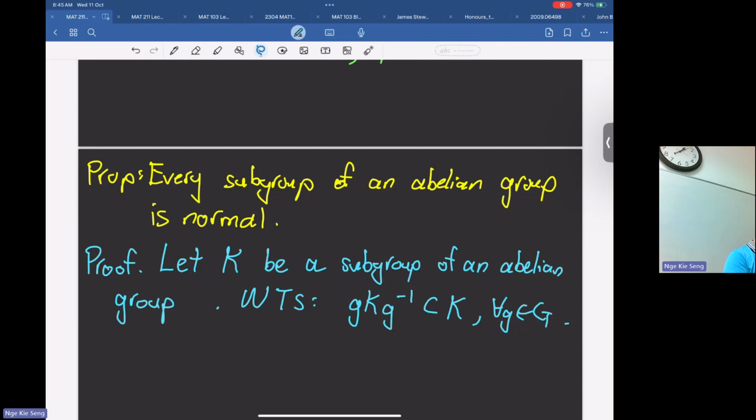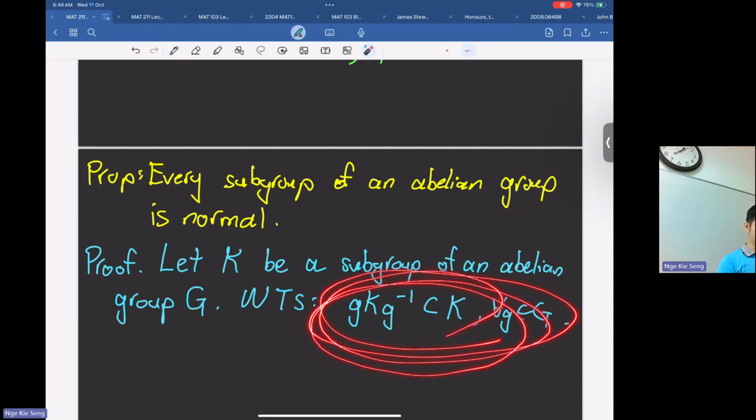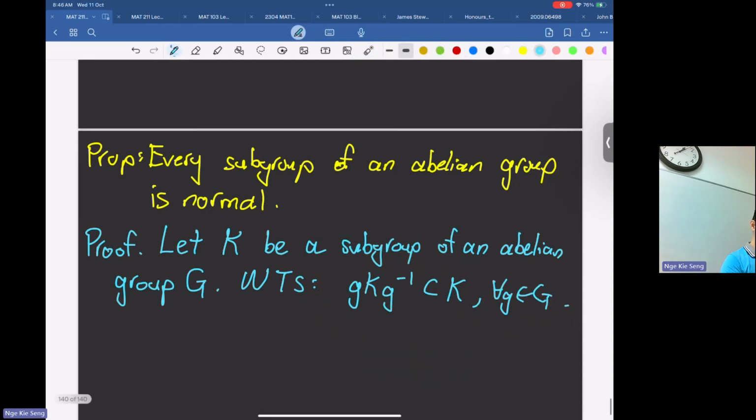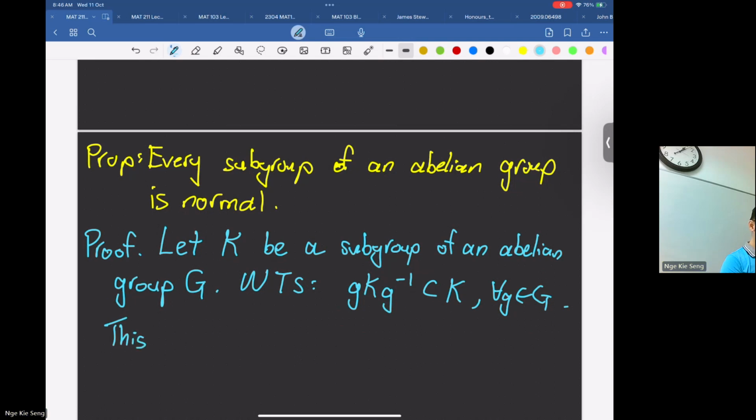I didn't write G, so this G here should be the abelian group. So this is what we want to show. What this means is that for all a in K, g a g inverse is in K.